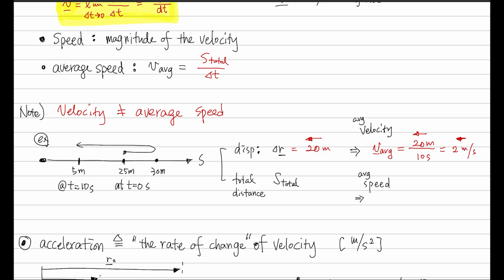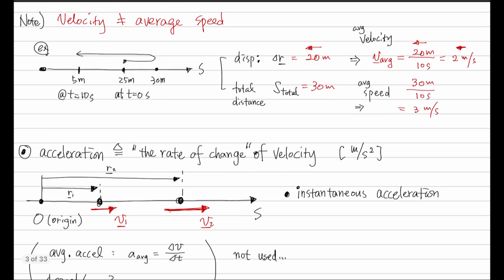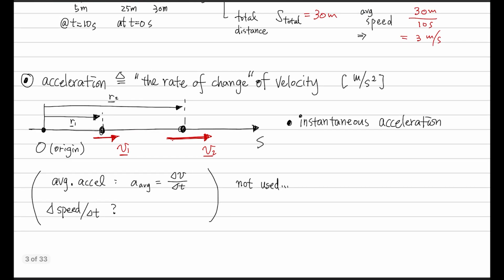And the total distance you moved was 25, no, it was 30, right? So the average speed would be 30 meter over 10 seconds, so it's going to be 3 meter per second. All right?